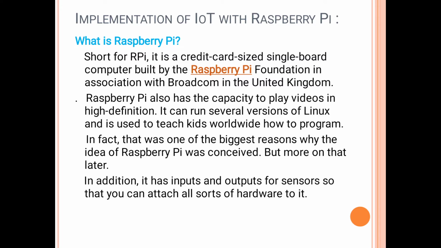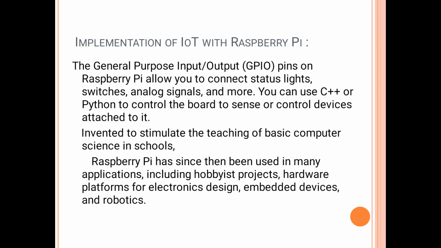But more than that, in addition, it has input and output for sensors so that you can attach all sorts of hardware to it. The general purpose input output GPIO pins on Raspberry Pi allow you to connect status lights, switches, analog signals and more. You can use C++ or Python to control the board to sense or control devices attached to it.